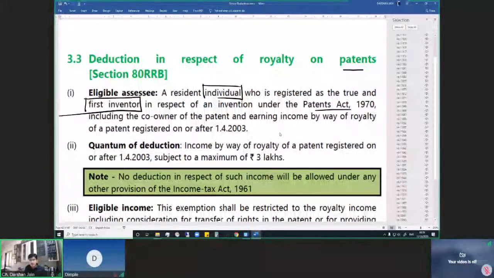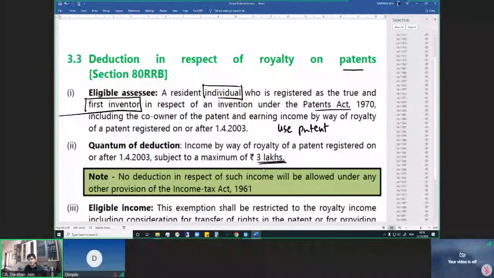If he gets any amount of royalty for use of such patent, he could either transfer it entirely, or he could just let another person use the patent. If he is receiving any royalty for such use or transfer of the patent as a lump sum amount, or by any other mode, by any other percentage, that would be deductible under section 80RRB, subject to a maximum of 3 lakhs.